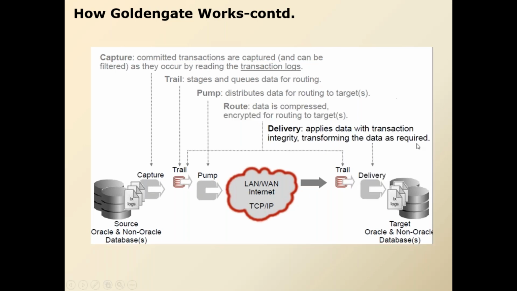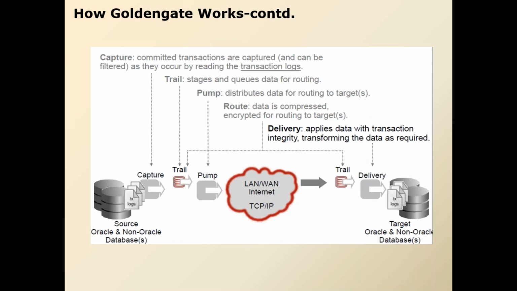Once the data becomes available in remote trail, there is a delivery process, also called the Replicat process, which reads the data from remote trail and applies it to the target database.